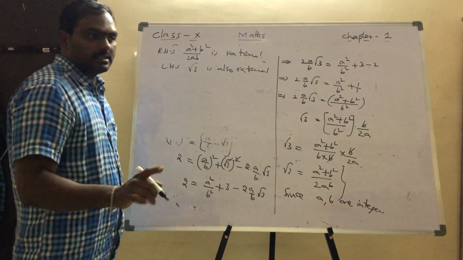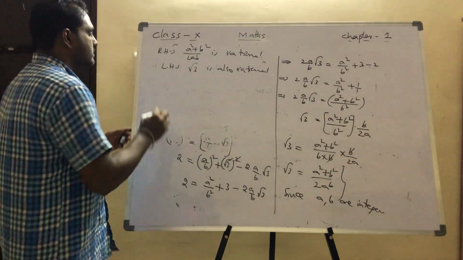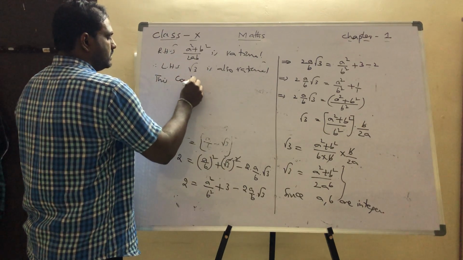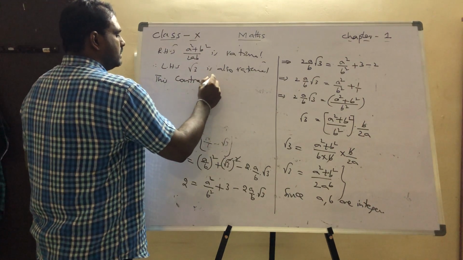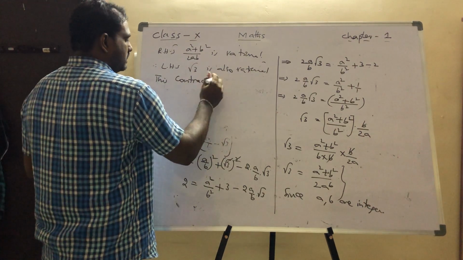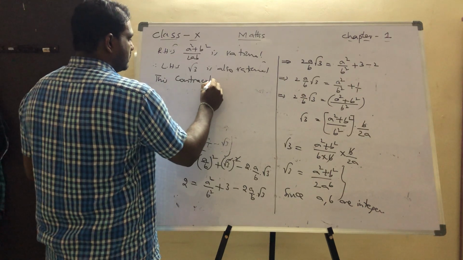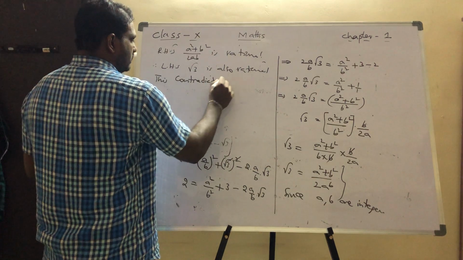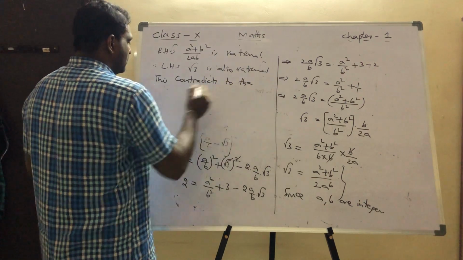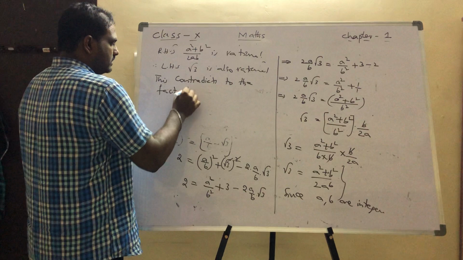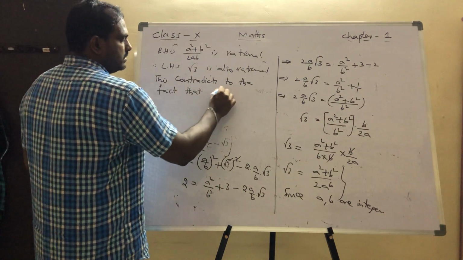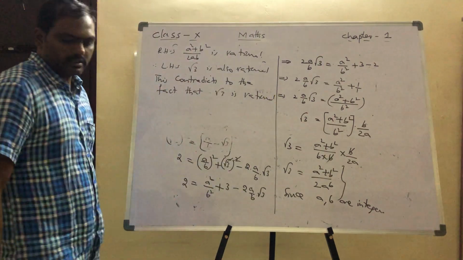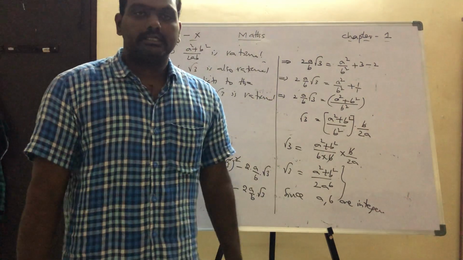But actually, is root 3 rational or irrational? Irrational. So this contradicts the fact that root 3 is irrational.